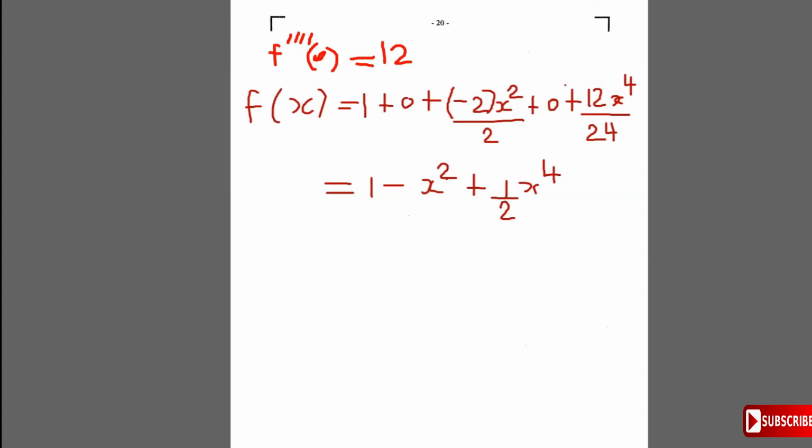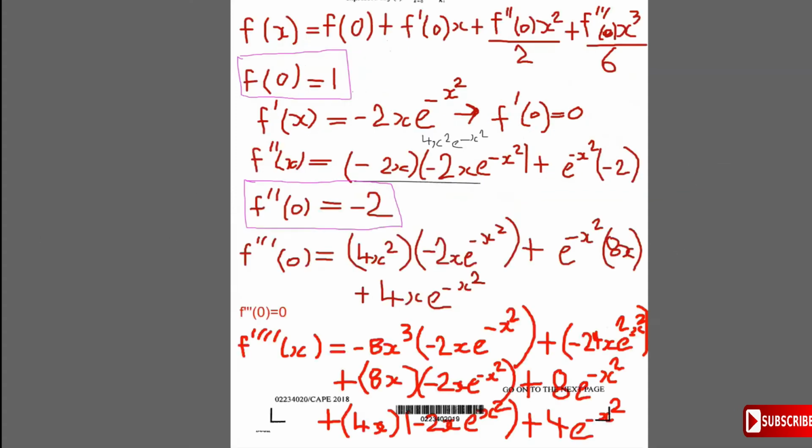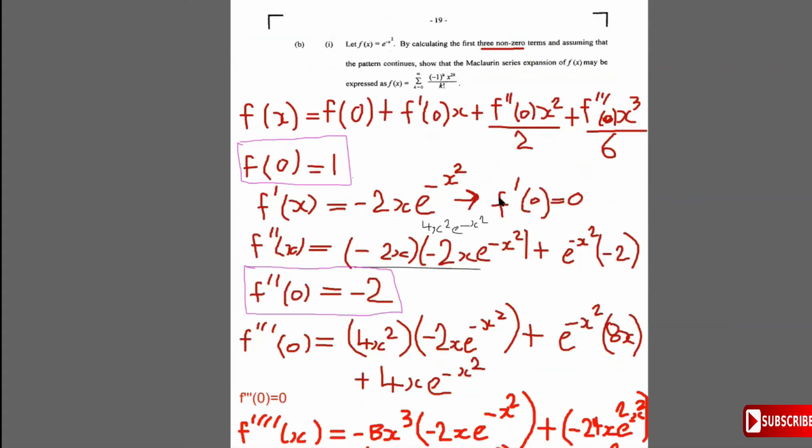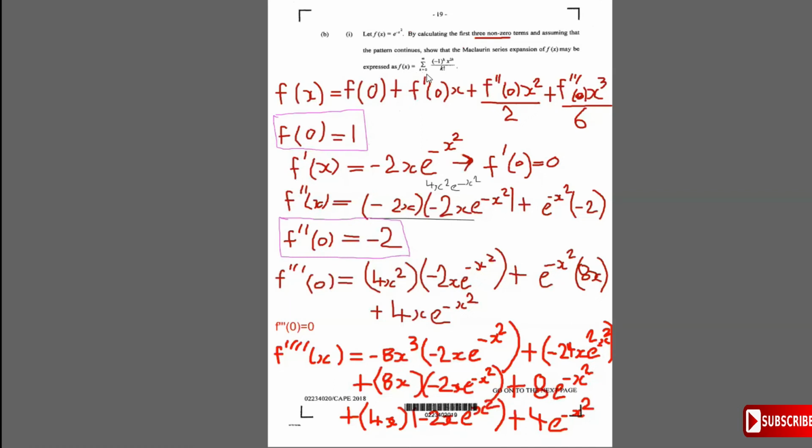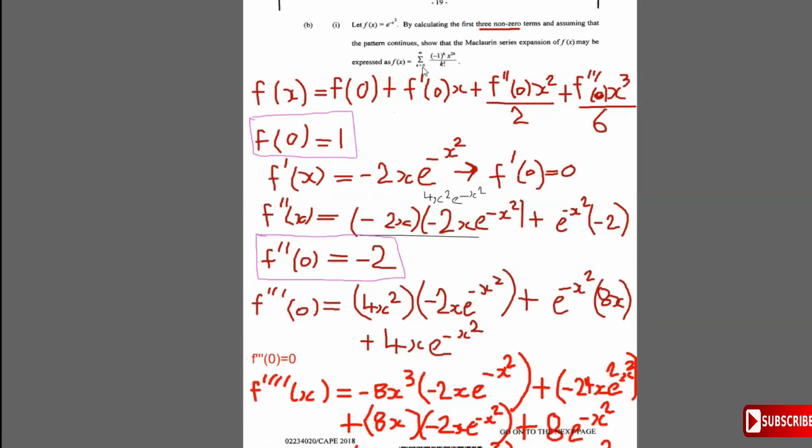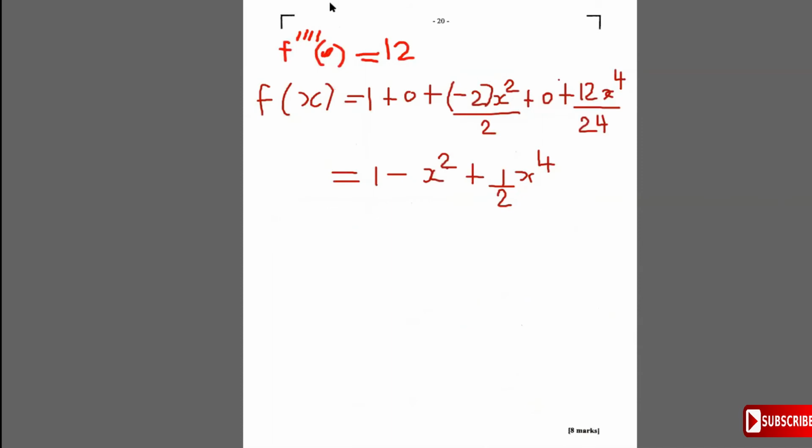And I think they said show something. Show that it can be expressed as f of x being the sum of minus 1 to the k of, no. To show that it can be that, I'm just going to put a line right here and I'm going to evaluate that sum.